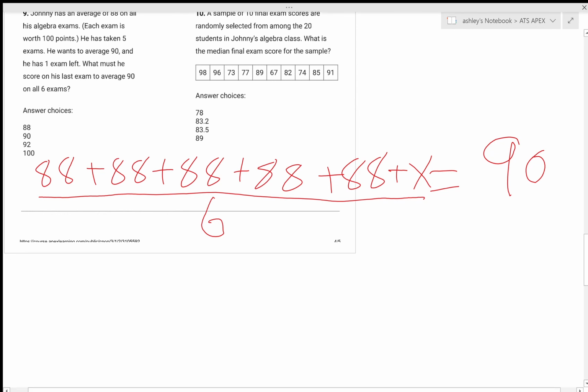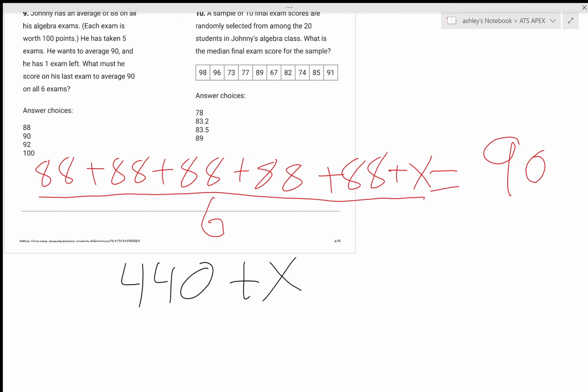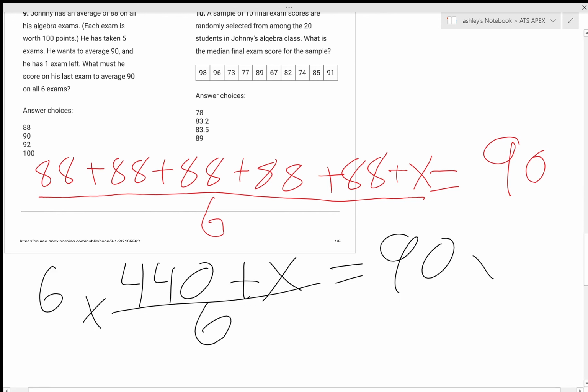Okay, so now you can go ahead and add all those 88s together. 88 times 5 is 440, plus X, over 6 equals 90. Next, I'll multiply both sides by 6 to get rid of that 6 on the bottom.